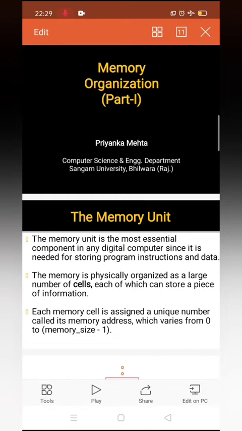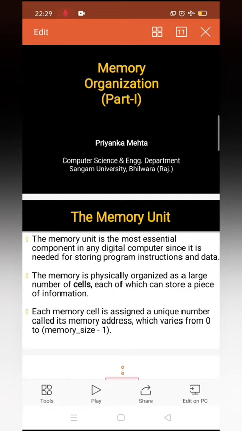Now let us understand how this memory is organized. Well, the memory is physically organized as a large number of cells, each of which can store a piece of information. So you can understand in a simple manner that a memory is partitioned into small portions and those small portions are called cells, and each memory cell has some capacity to store some piece of information.